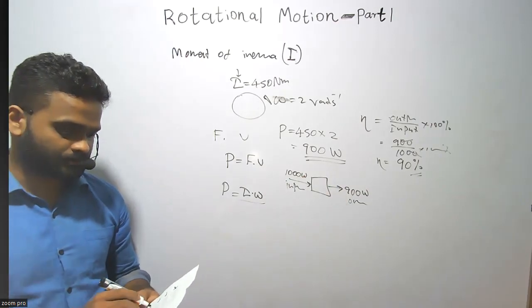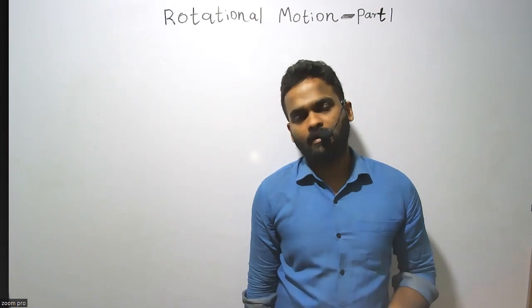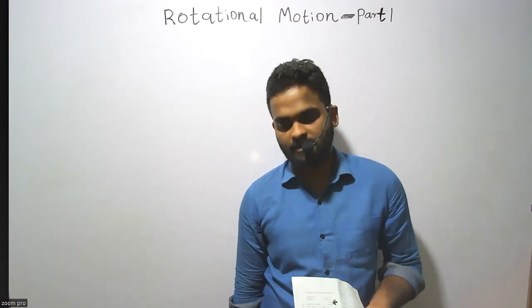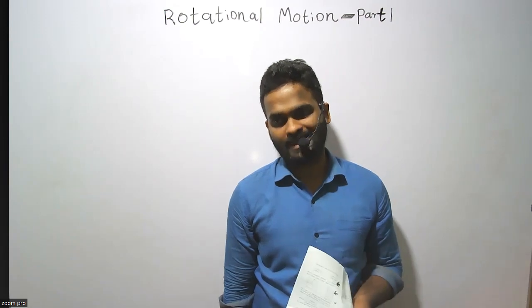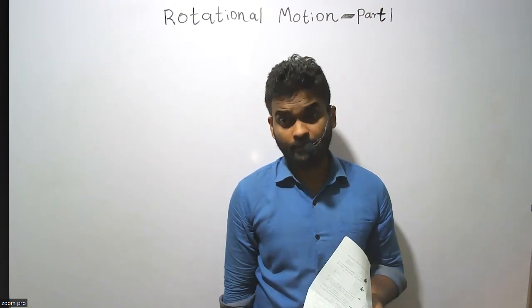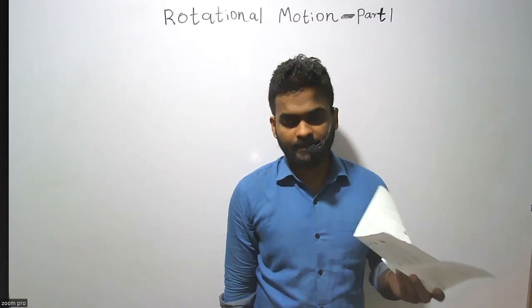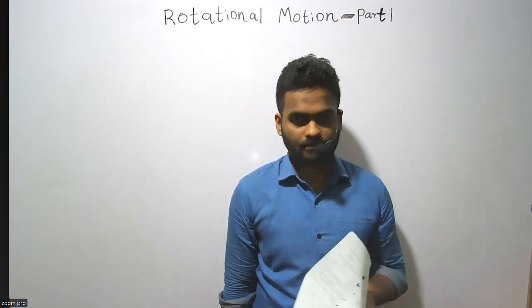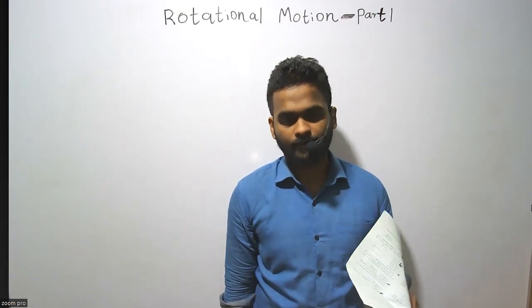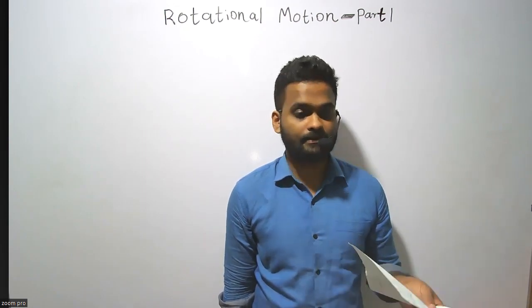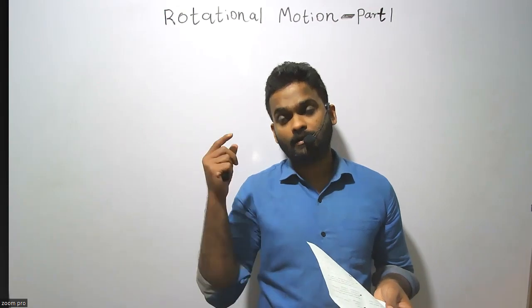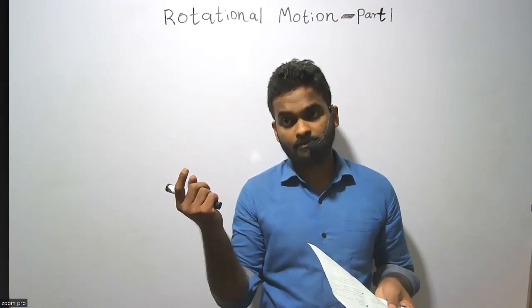Now we have discussed all the basics of rotational motion. I'll discuss rotational motion in the next class as well. I'll be discussing more complicated questions. In the next one we have angular momentum conservation.